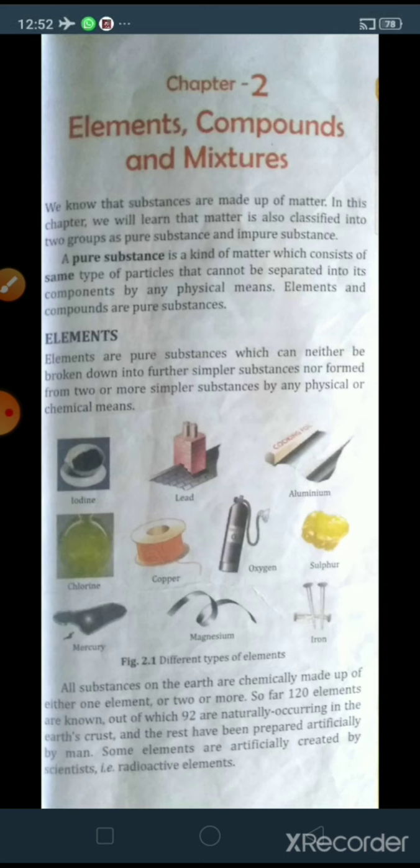You have to remember that 120 elements are known, out of which 92 are naturally occurring in the earth's crust.